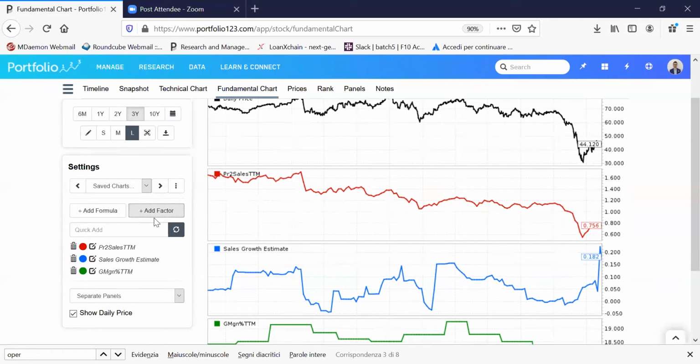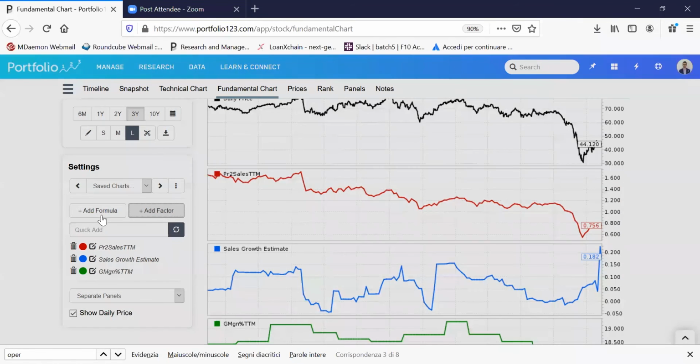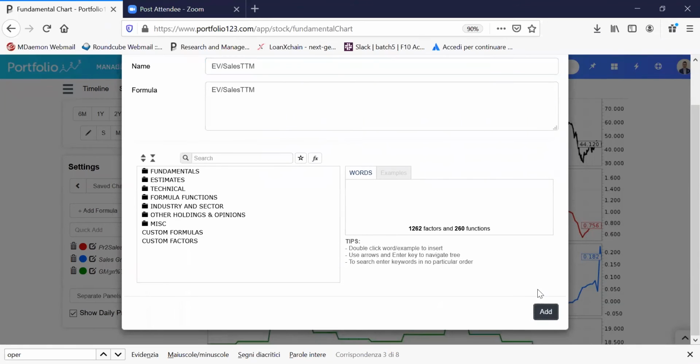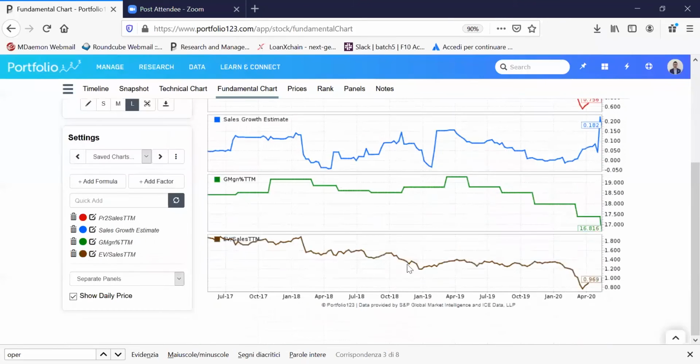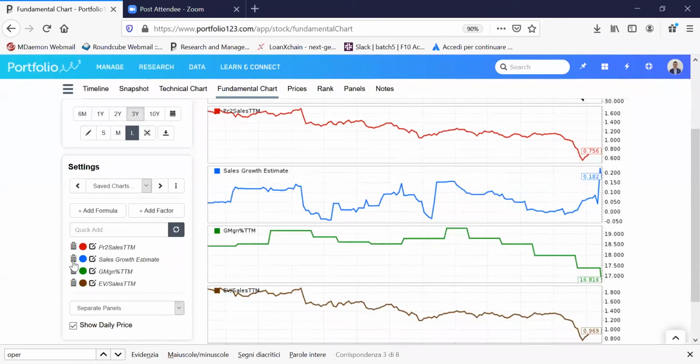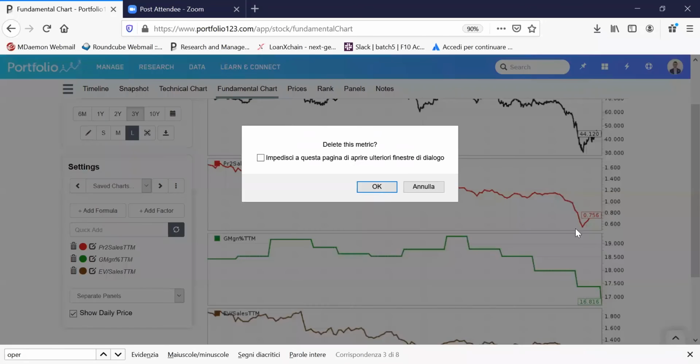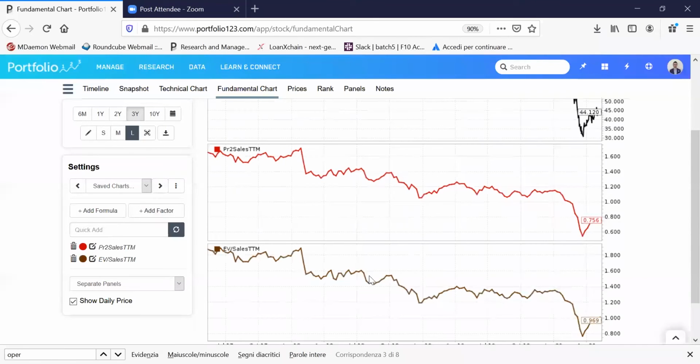So let's use a slightly different factor, enterprise value to sales. Of course, enterprise value takes into account that Exxon actually has a much higher debt load compared to its cash and equivalents line item.